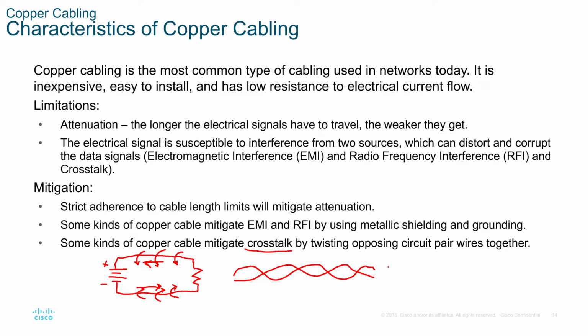At the end, where it goes into a connector, the wires obviously can't be twisted. So here they may be straight. And because we have multiple pairs connecting into a connector, the magnetic field from one might cause crosstalk on one of the other pairs.